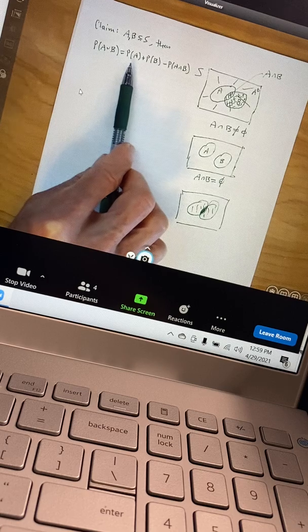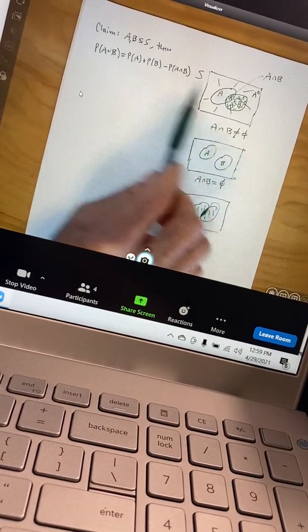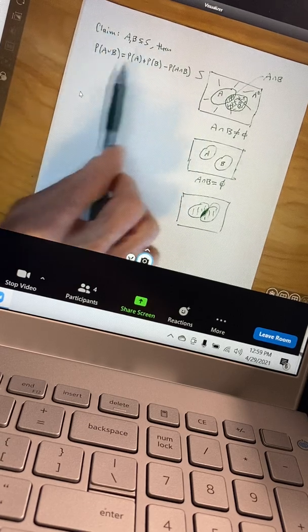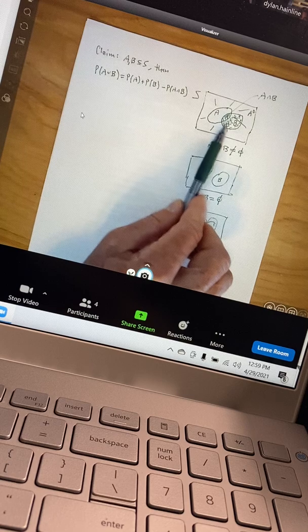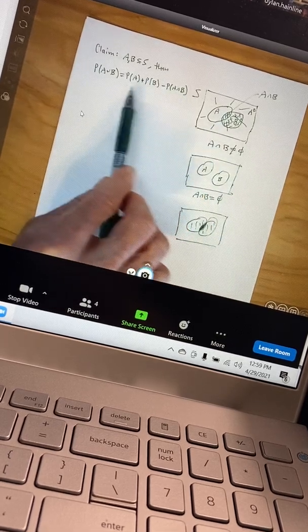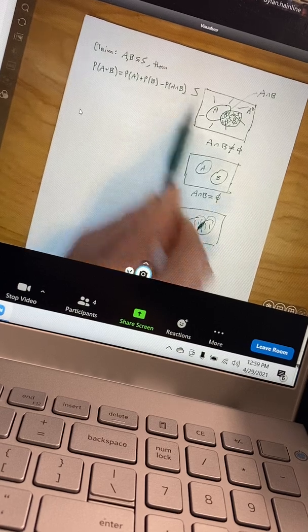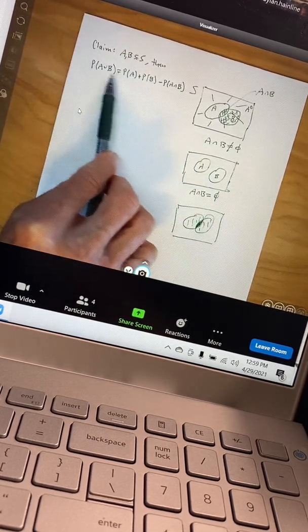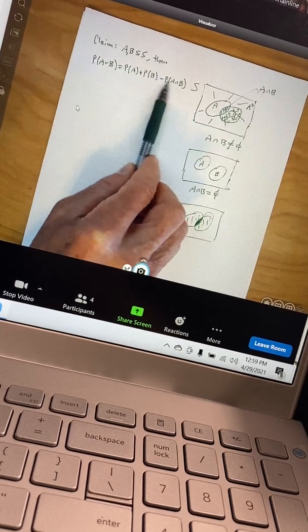The special case is when there's no overlap, but we're now looking at any A and B, with overlap or without overlap. This formula holds. If we don't have any overlap, then we're back with axiom 3, right? Because this part just goes away.